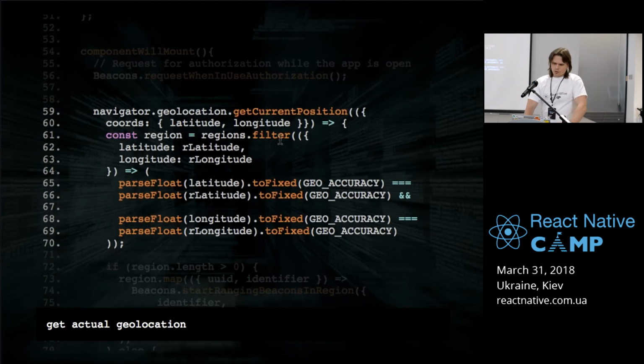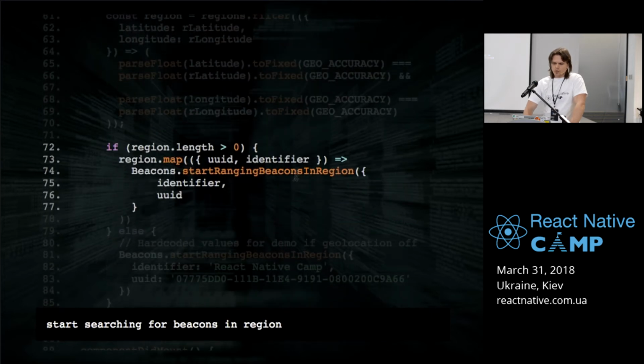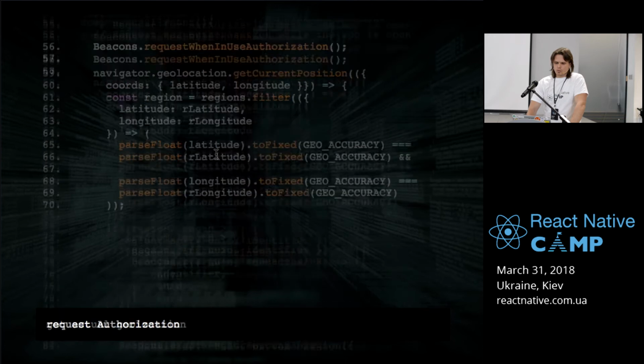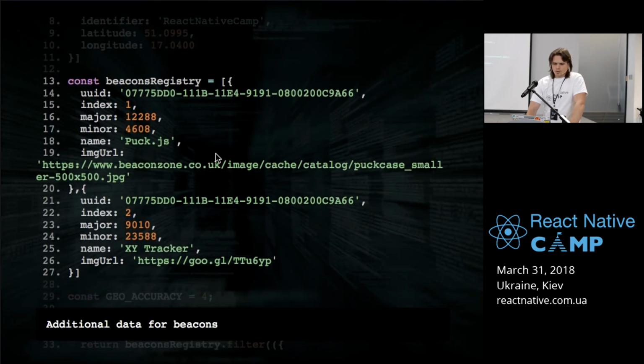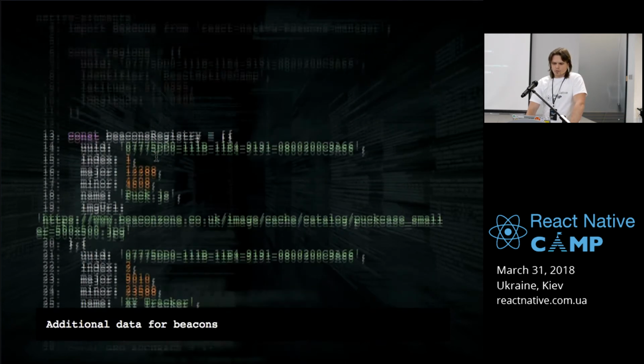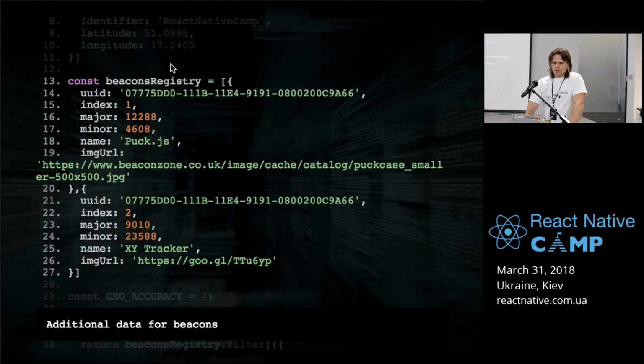So we just get geolocation, latitude, longitude, filter that, nothing specific here. Then we use start ranging beacons in region. We pass an identifier and UIDs. Let's get back to the region map and see what that is. I have UID, right? By setting the same UID for two beacons, we say these two beacons are in the same region, but they differ by major and minor.